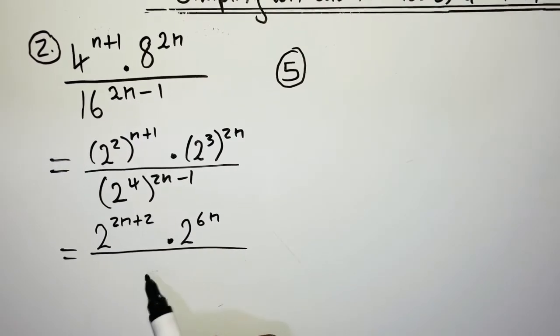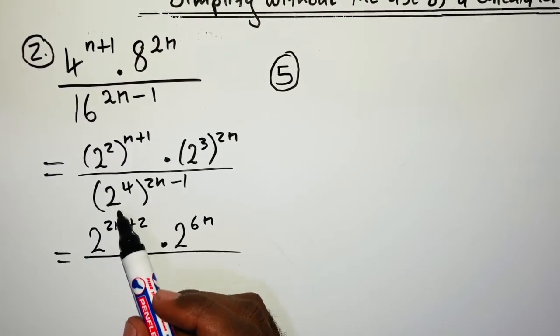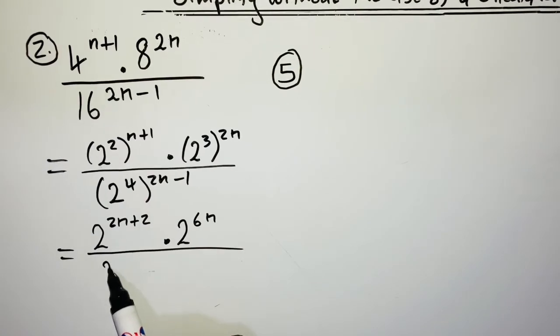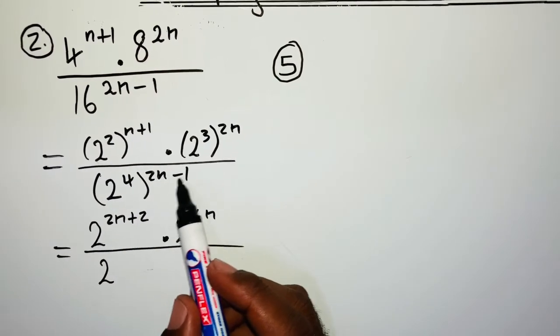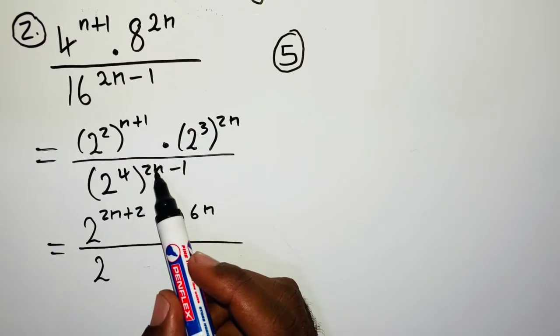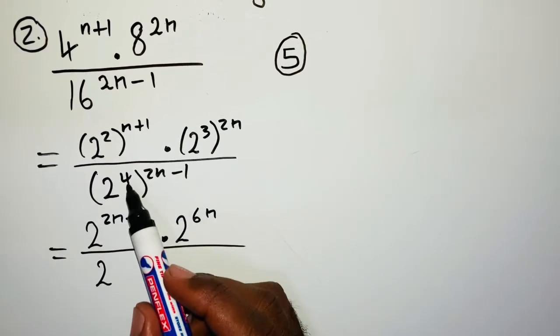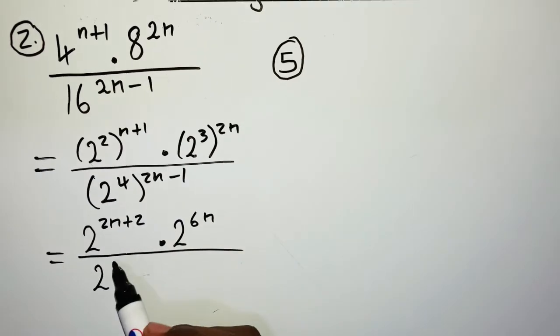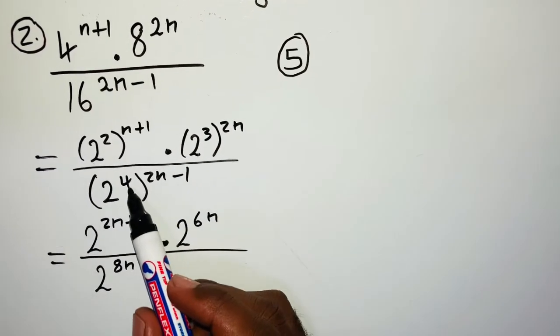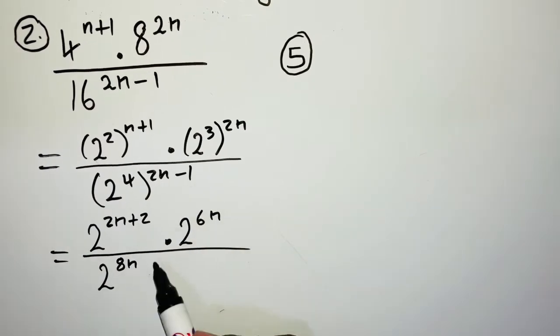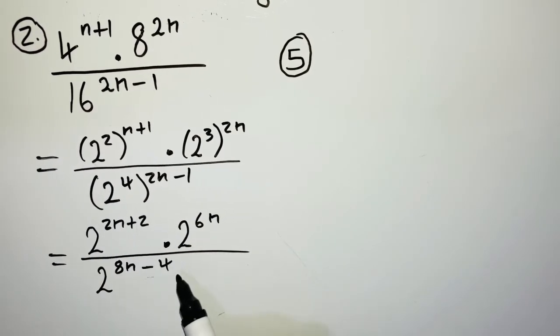Then now we go underneath, we have 2 to the 4, 2n minus 1. So this 4 will have to multiply 2n and also multiply negative 1. So 4 times 2n, we get 8n. Then 4 times the negative 1, we get minus 4.